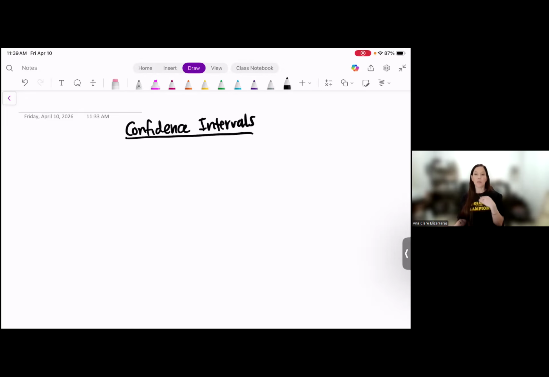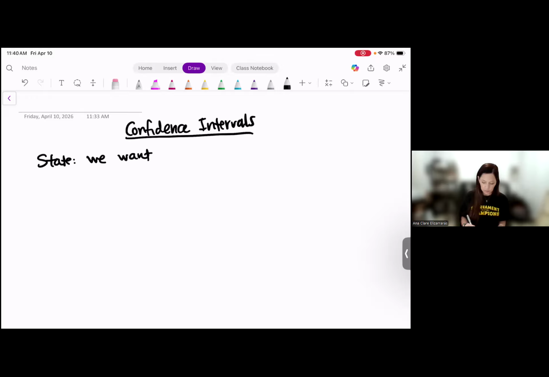We want to create a 90% interval for whatever we're talking about in context, where our parameters are either proportions or means with p or mu. So it depends on what type of problem we're dealing with. You want to ask yourself, first of all, do I have means or do I have proportions? And if so, what process am I going to follow? So we have the same statement.